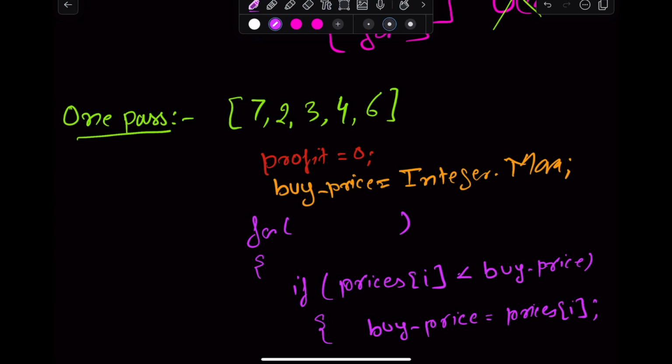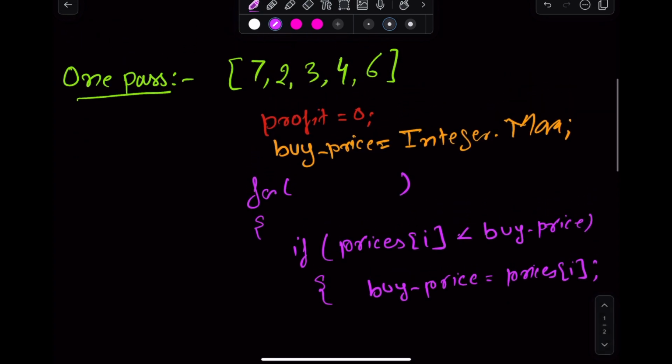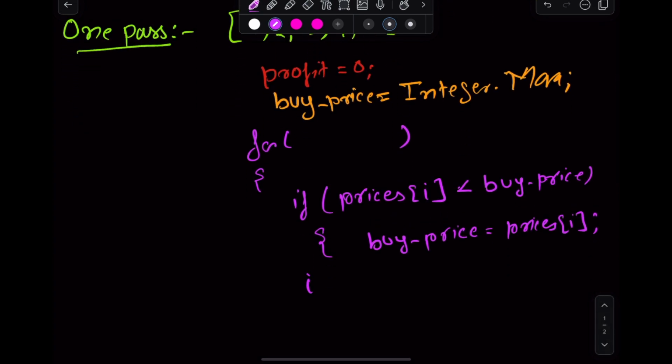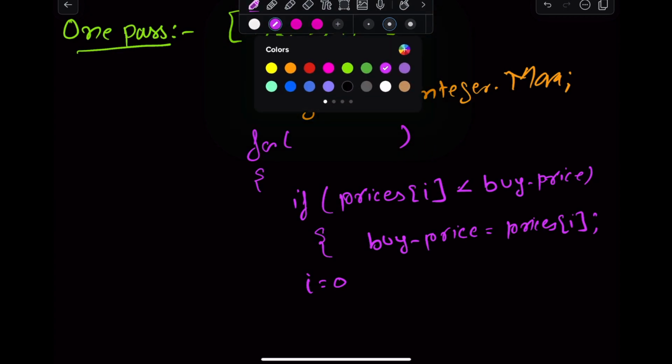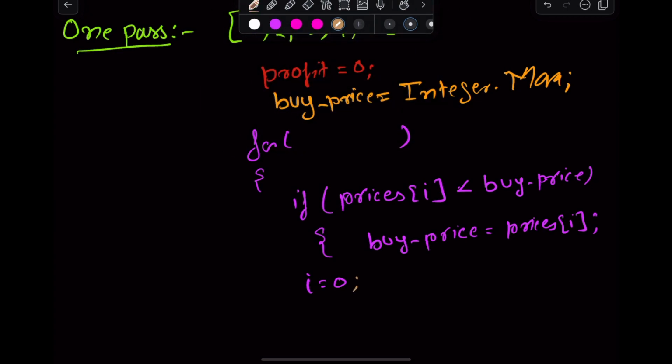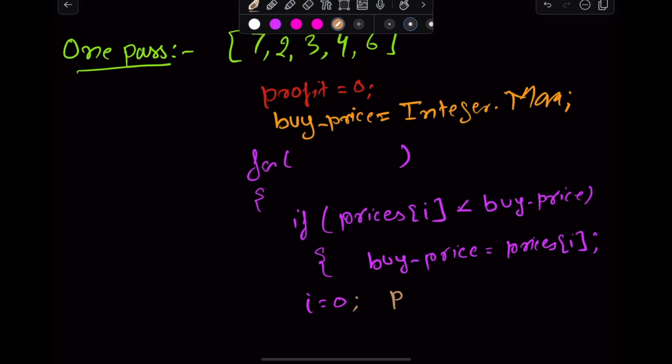So this condition will hold true for I equal to 0, and here prices of I is 7, so buy price will contain 7. Okay, so that will happen here.